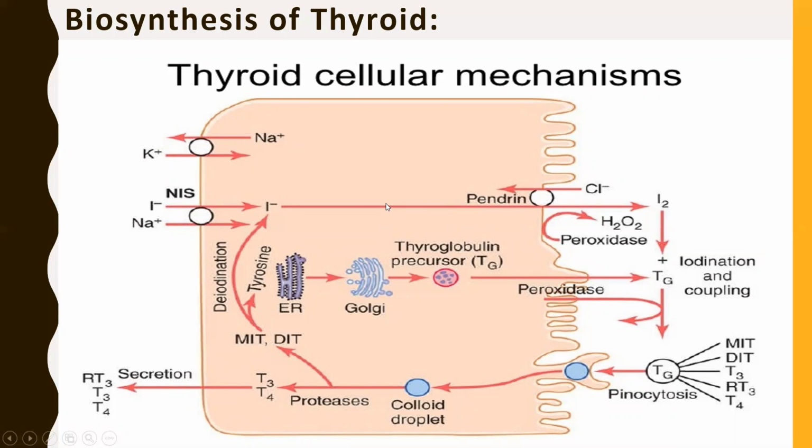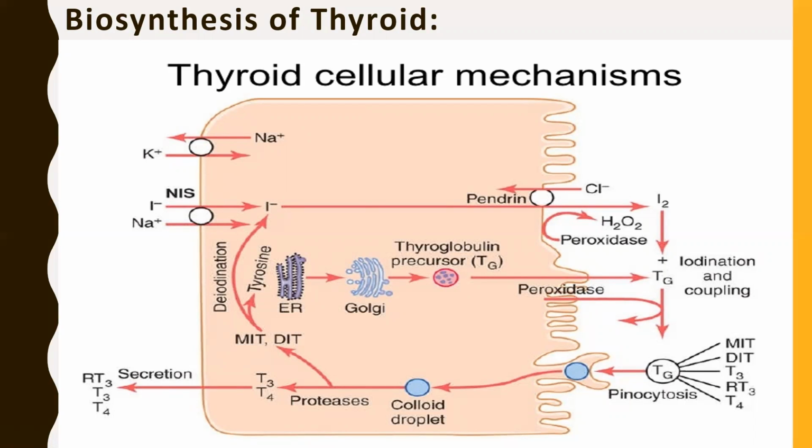The steps of synthesis of thyroid hormone are iodide uptake, oxidation and iodination, then coupling, storage and release, and conversion of T3 and T4. In iodide uptake, the body content of iodide is 30 to 50 mg.